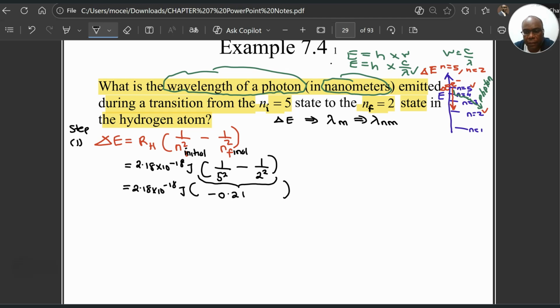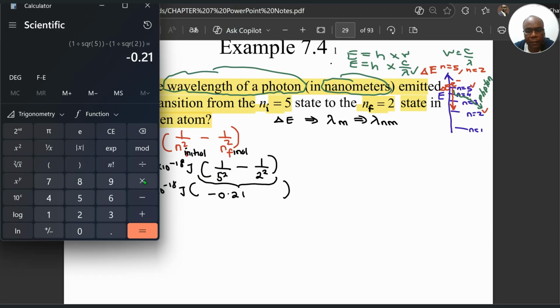Then I take that number and multiply by the Rydberg constant, 2.18 times 10 to the negative 18. So I'm getting this very small number with a negative.